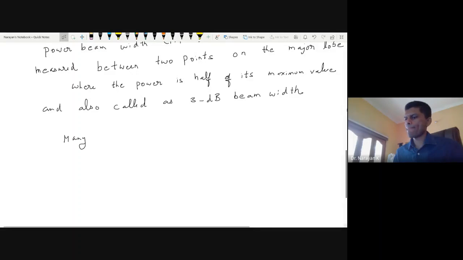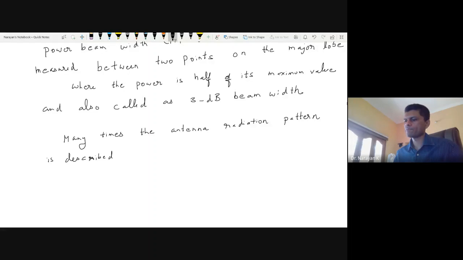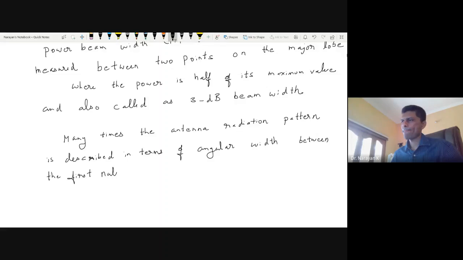Many times the antenna radiation pattern is described in terms of the angular width between the first nulls, or the first side lobes.